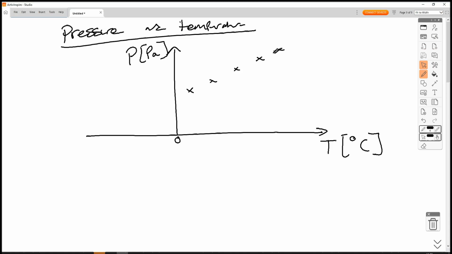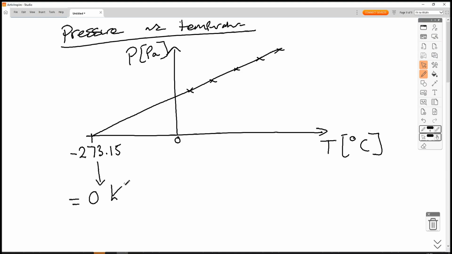So if we draw a straight line with these results that goes all the way until we get to zero pressure, we'll find from this graph that this value here is minus 273.15. And that is equal to 0 Kelvin.